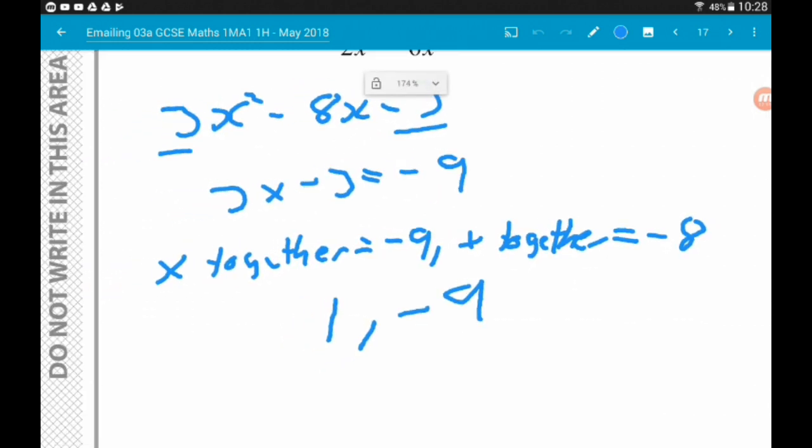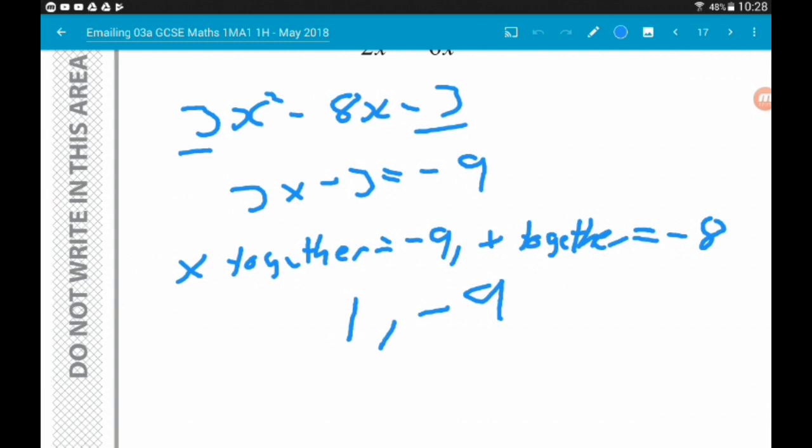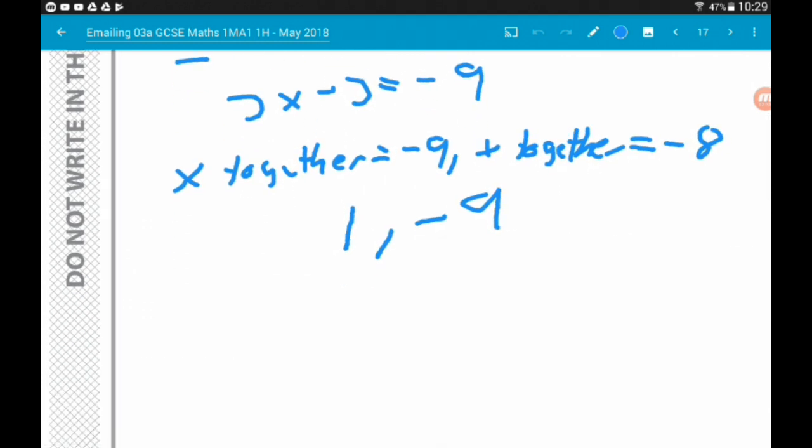So then we go back to our quadratic and we need to check how many x squareds there are. There are 3 x squareds. Now we open two sets of brackets, and because we have 3x squared, each bracket has 3x inside.